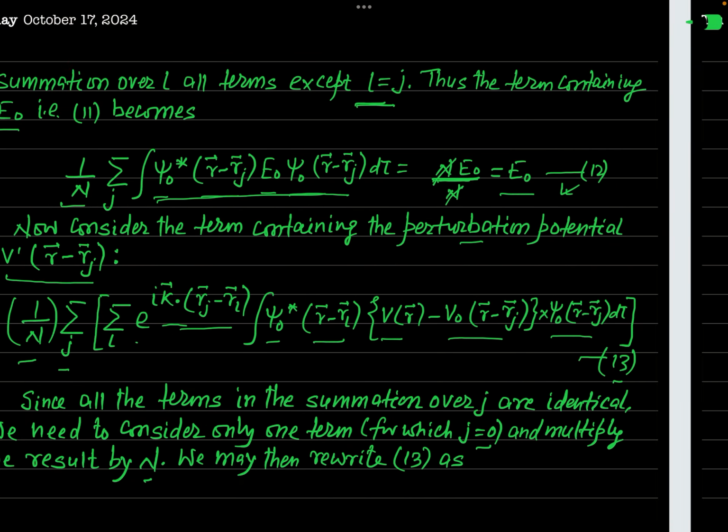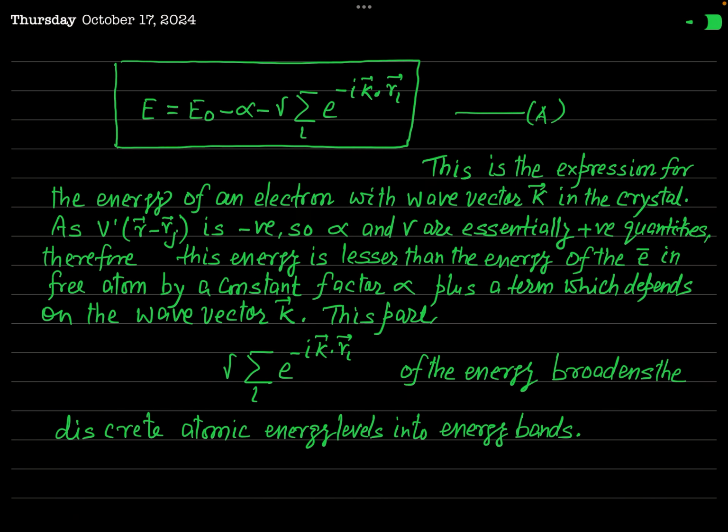Making the appropriate algebra, E will be given by E naught minus alpha minus gamma times summation over L of e to the power minus i k dot R_n. This is actually our final result.